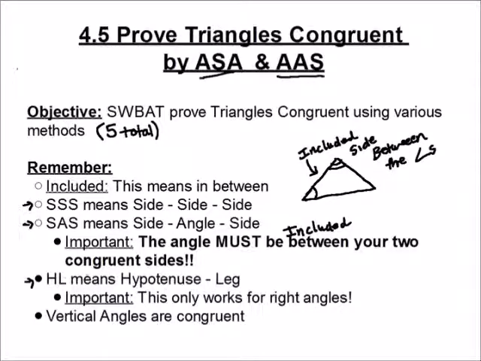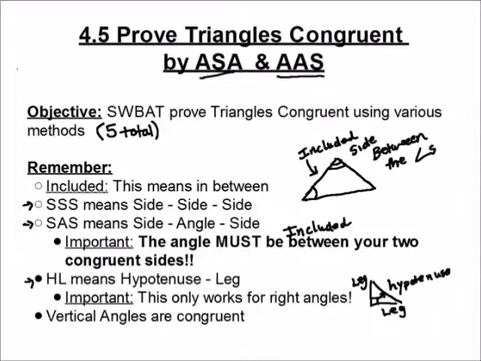Hypotenuse leg is HL. This only works for right angles. And remember, the hypotenuse is always across from your right angle. So this is the hypotenuse. And then you have to prove one of the legs. It's not HLL, it's just HL.